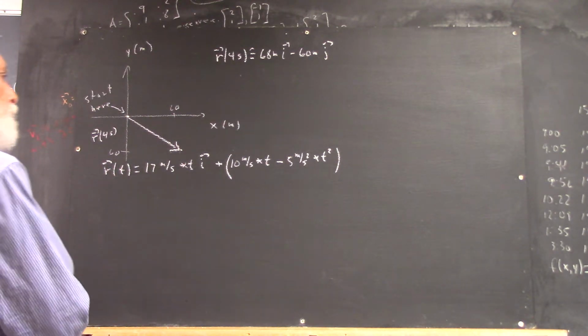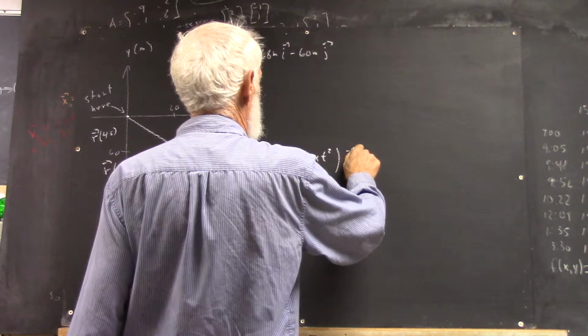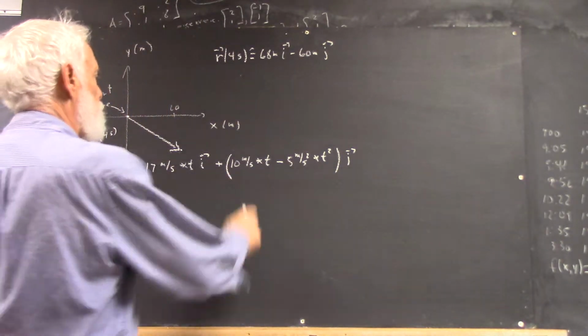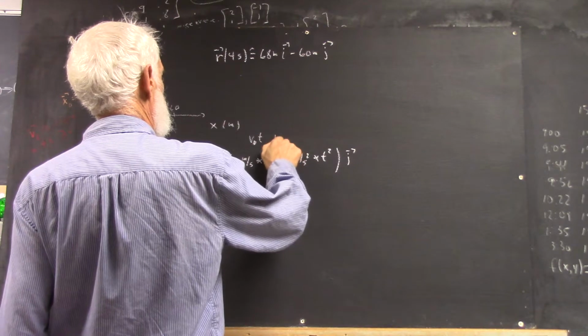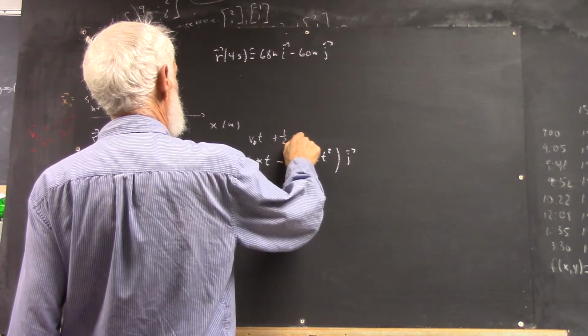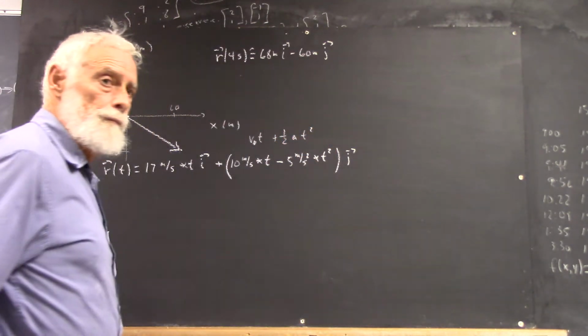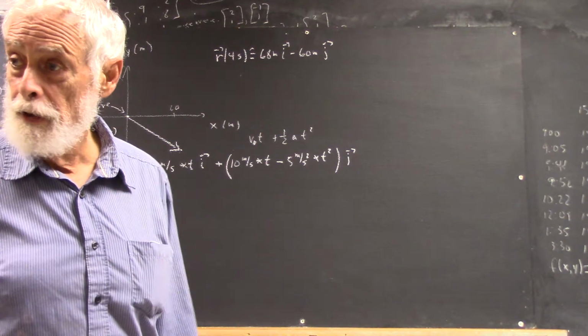If t is 4, I don't get what I should get, but we'll write this down. Okay, initial velocity plus 1/2 acceleration times t squared.